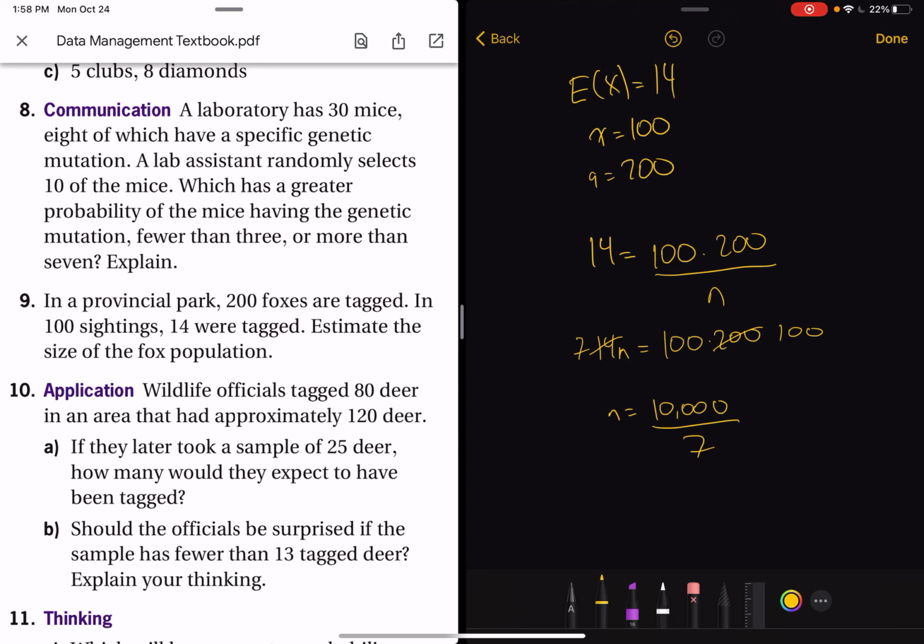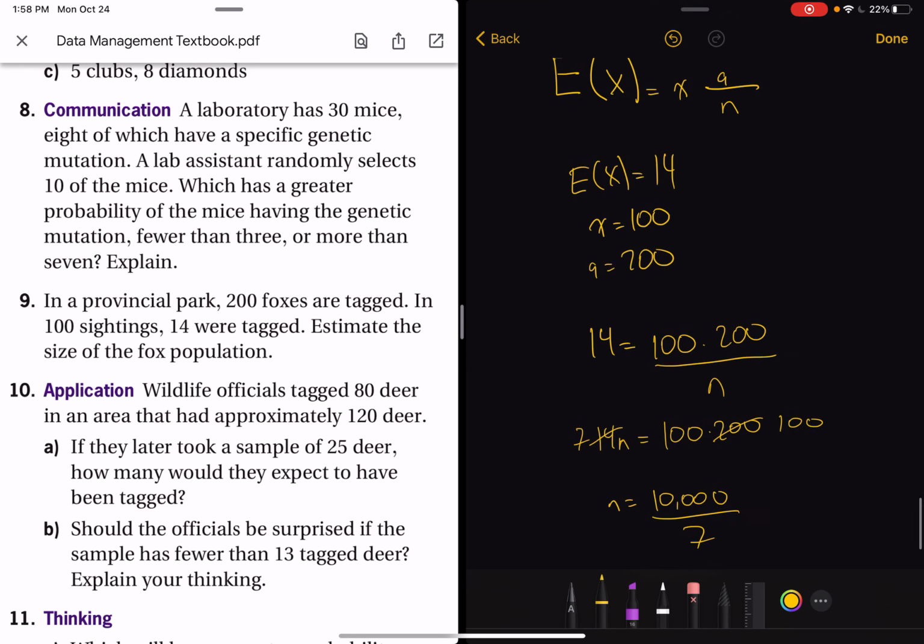Let's get out a calculator. 10,000 divided by 7 is actually equal to about 1,428. Let's just round it to 29 actually, because it rounds out to a bit higher.